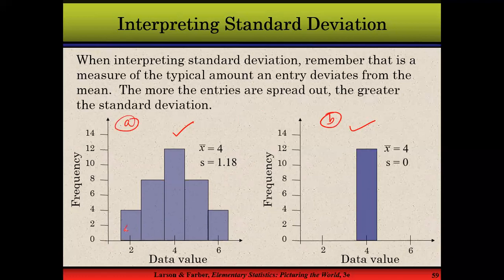So the A data set has more spread in it. That means the variation in the data is a lot more than the B data set. So you can see that B has no variation, it has no standard deviation. But since the A dataset has 1.18 points in standard deviation, that means there is a lot of spread, a lot of variation as compared to B.